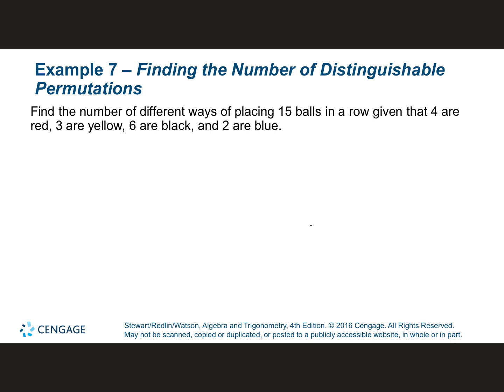For your example 7, it tells us to find the number of different ways of placing 15 balls in a row, given that 4 are red, 3 are yellow, 6 are black, and 2 are blue. So out of all, there's 15. So that's going to be your top number.